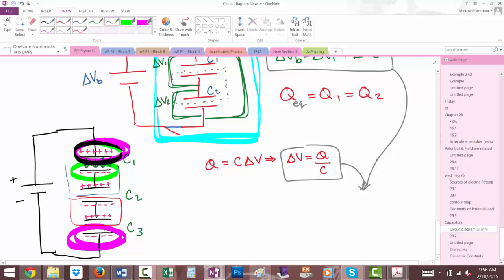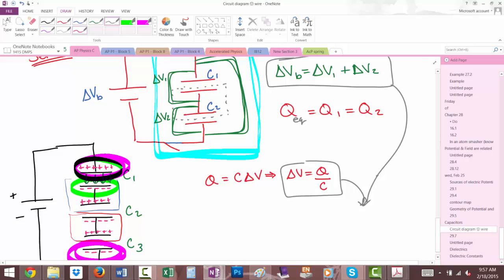And this will answer AJ's question. So, instead of delta V sub B, I'm going to write, I want more colors, we'll do blue, Q equivalent or Q total divided by C equivalent is equal to Q1 over C1 plus Q2 over C2.